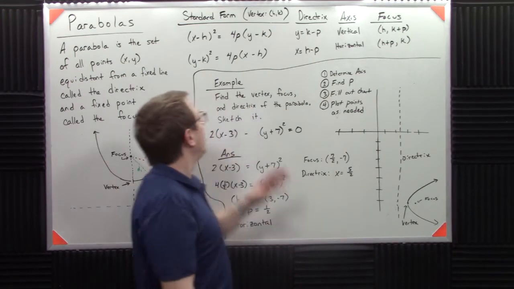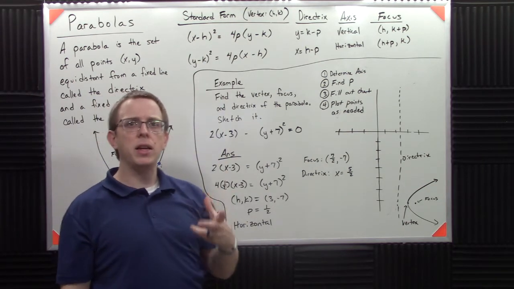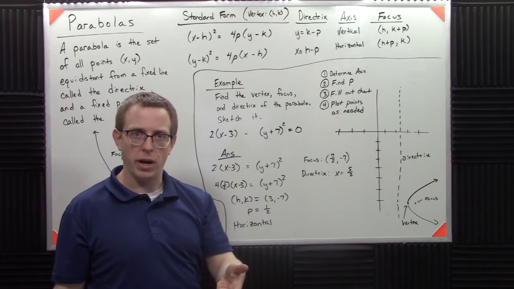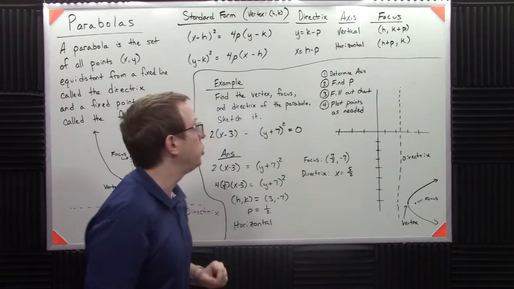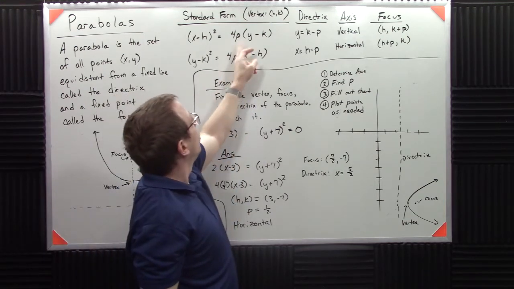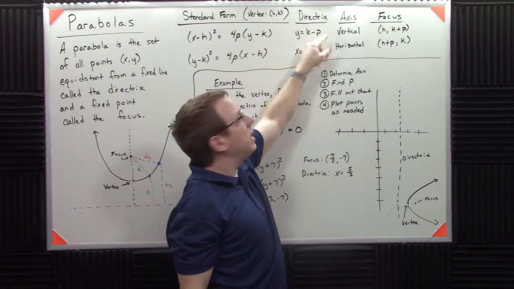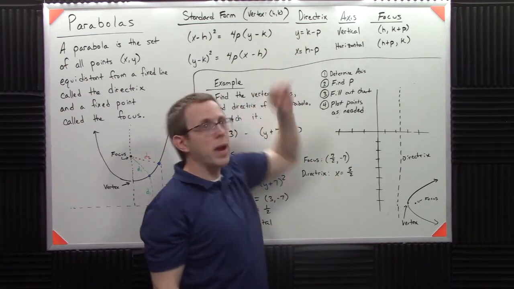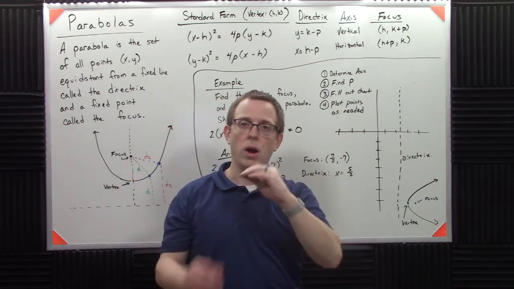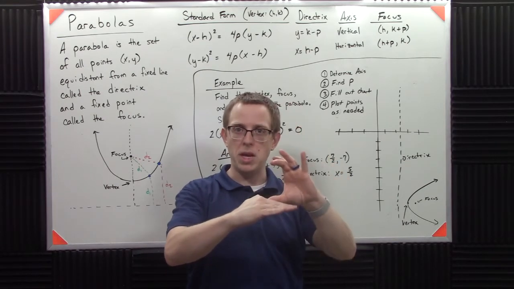So anyway, now I have this weird p here. What we find is there's a relationship between the vertex, the focus, and the directrix, and that p is that relationship. These are the shifts, and this p says that in the case of the vertical parabola, the directrix is p units away from the vertex point. If it's h, k here, there's a horizontal line that's p units below it.